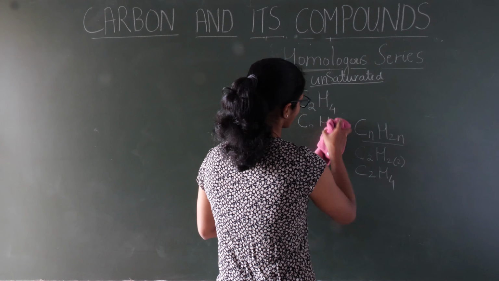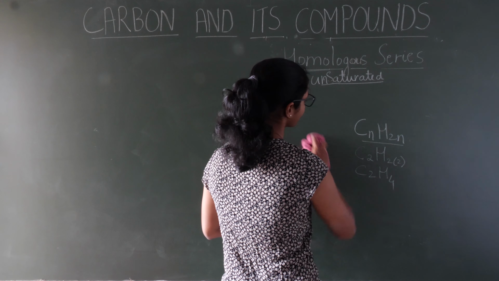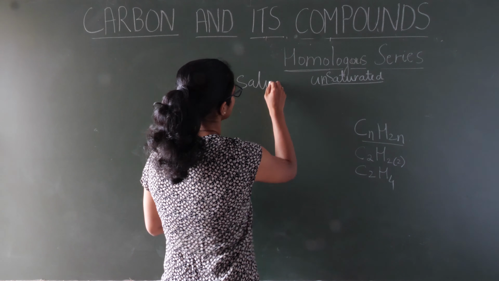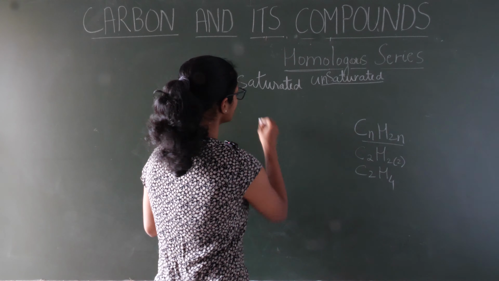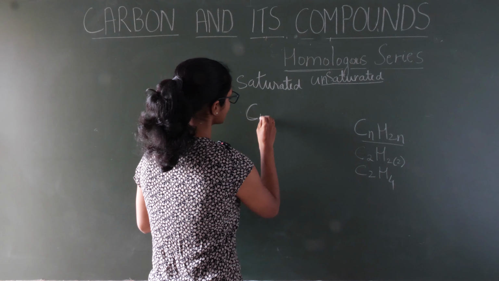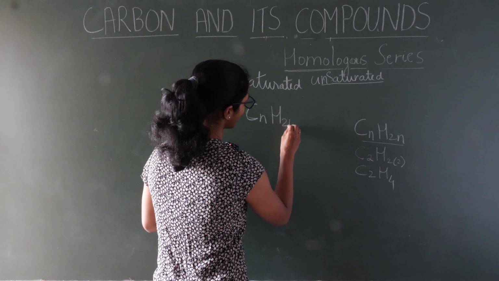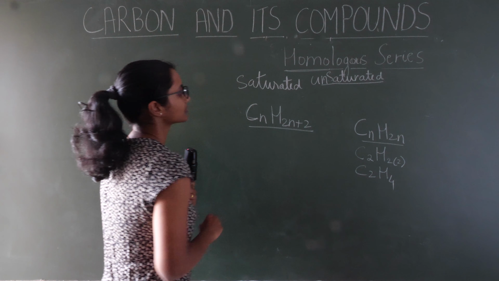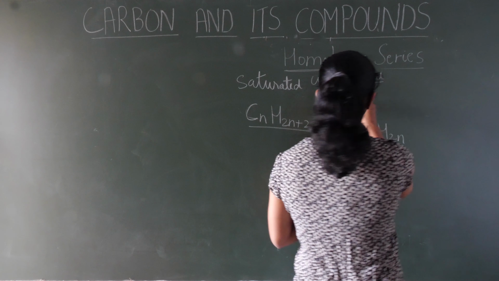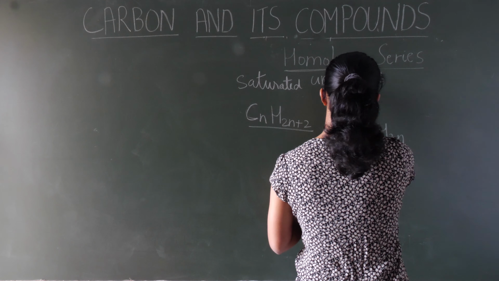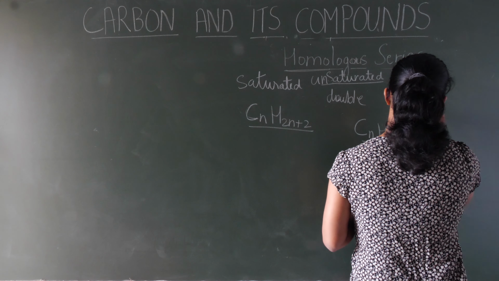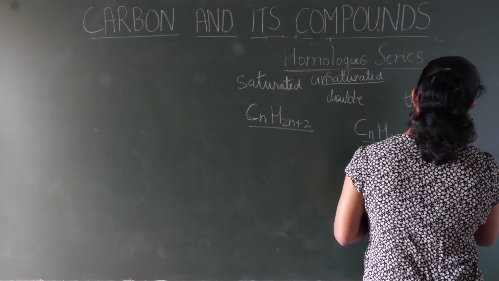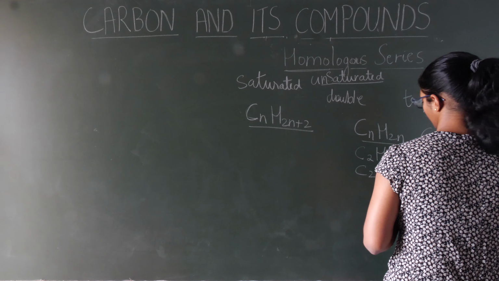Now we'll write the similar one for saturated carbon compound, which is nothing but CnH2n plus 2. And for unsaturated triple bond, it's nothing but CnH2n minus 2.